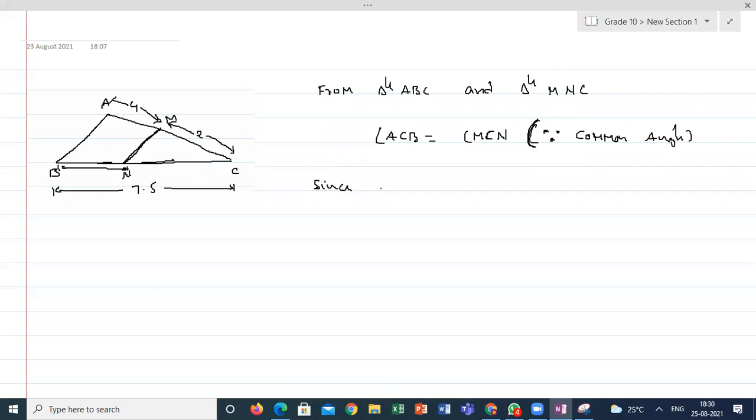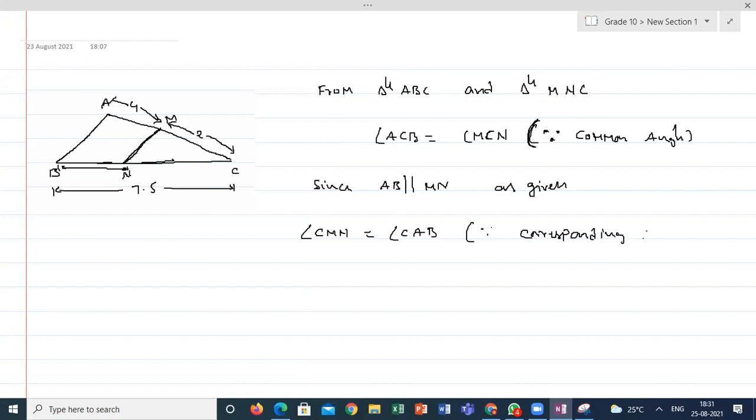Since AB is parallel to MN as given, angle CMN is equal to angle CAB. What is the reason? Corresponding angles.